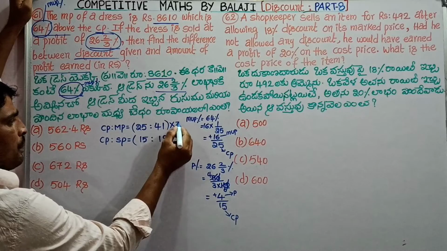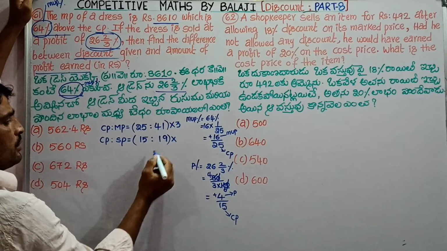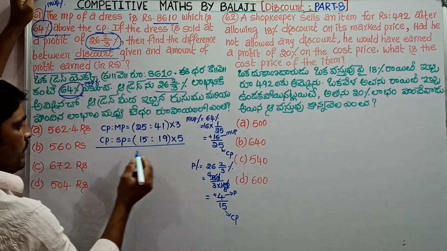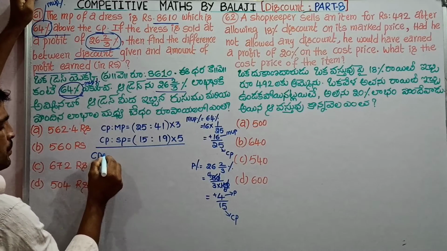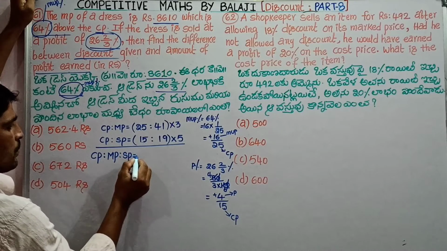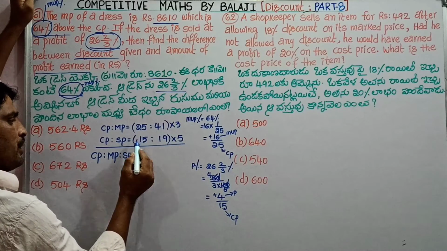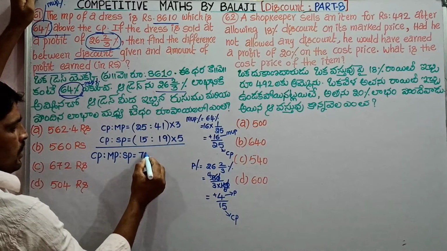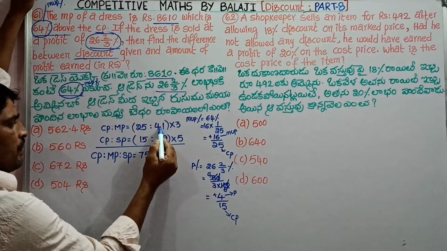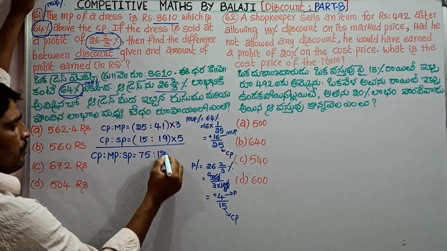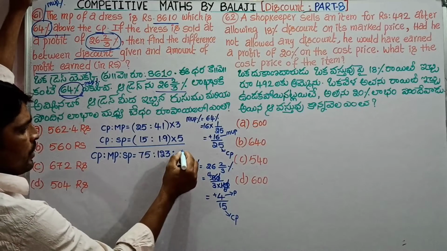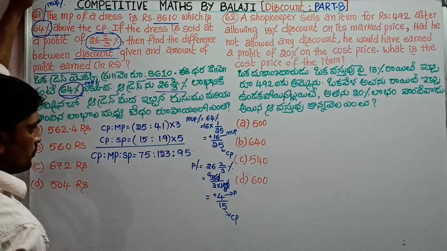To get 75, multiply 25 by 3 and 15 by 5. So consider the cost price, market price and selling price ratios. The cost price is 75 units, the market price is 41 threes, 123 units, and the selling price is 19 fives, 95 units.